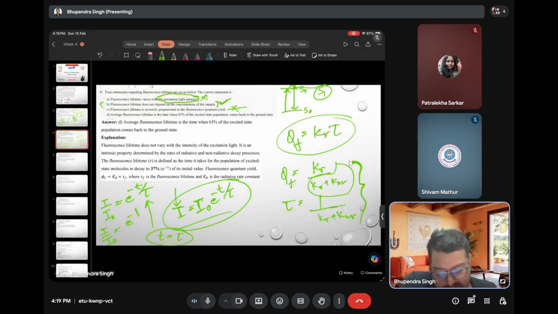which means I by I0 is 1 by e, and e equal to 2.37, something like this, if I am correct. Let me check it.